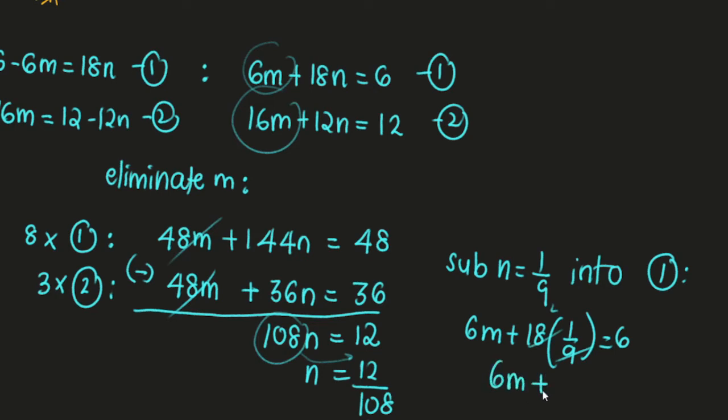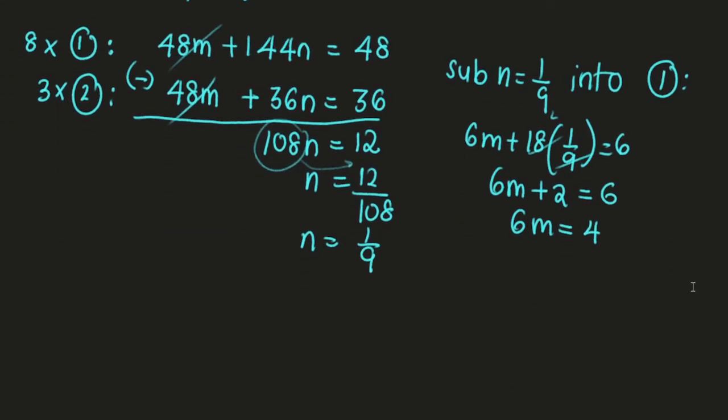So 6M plus 2 equals 6. 6M equals 4. Then M is equal to 4 over 6. Make sure it is simplified. So 4 over 6 is 2 over 3. So you got the M value and the N value. This is for those who prefer the elimination method.